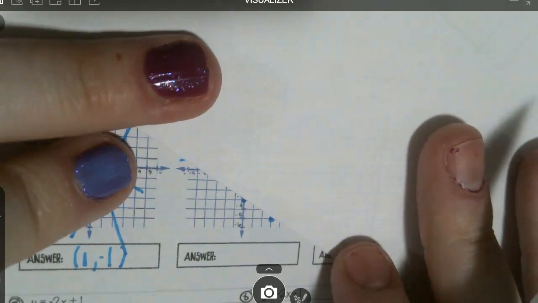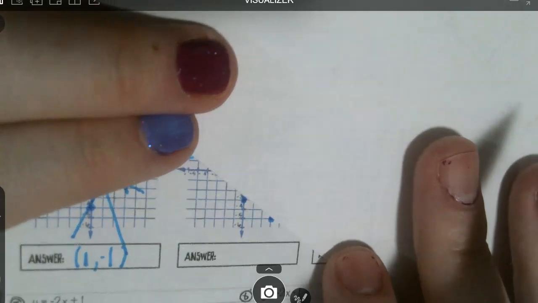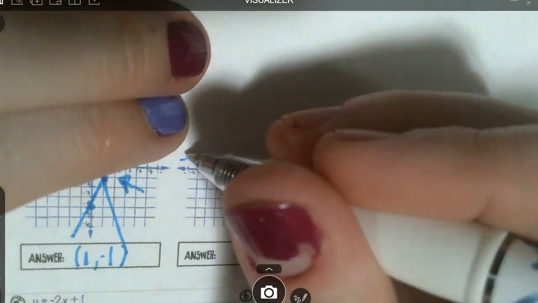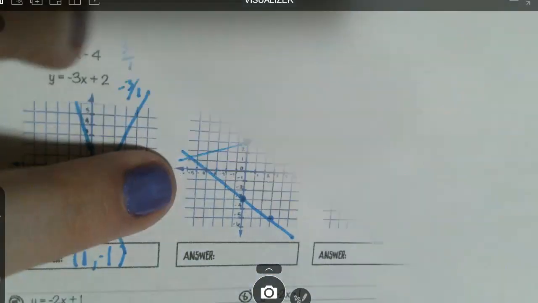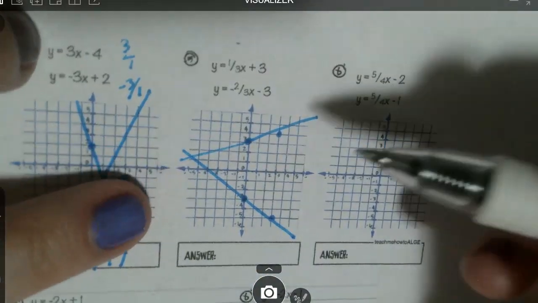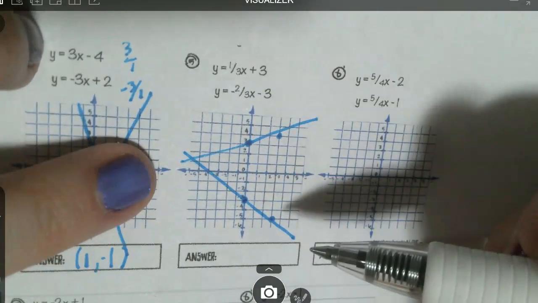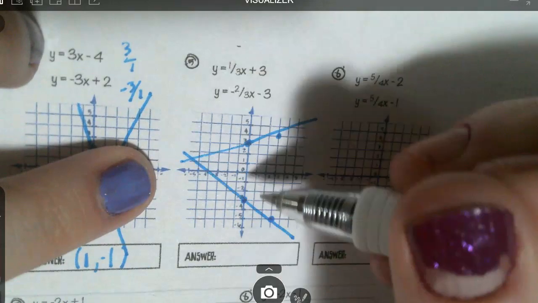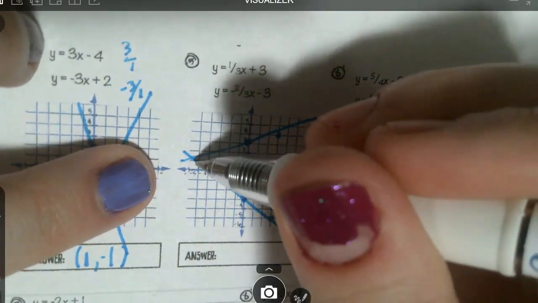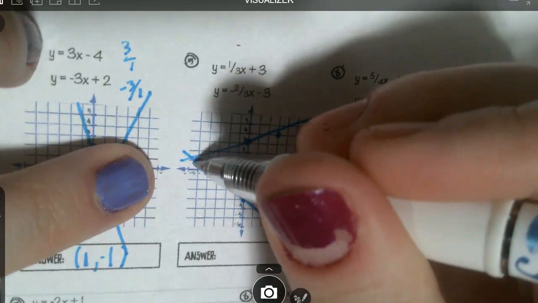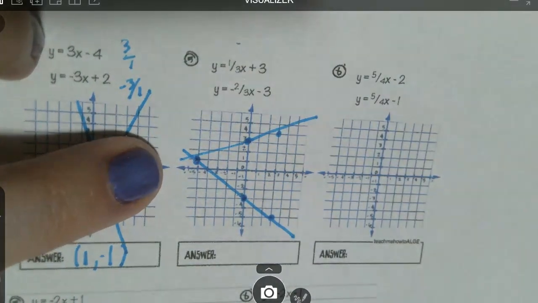Okay, hopefully I can get my lines nice and straight so that we end up on a point that is intersecting. Okay, and there you go. You can see that there's a point right here where we are intersecting. Now, unfortunately, my drawing is not exactly perfect because I'm not a computer. So I'm going to remember that if I was to draw straight, the line would probably be right there.